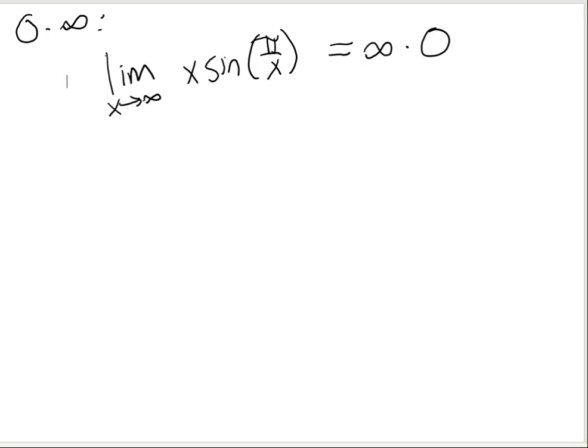Okay. So we need to think how, I can't apply L'Hopital's rule yet, but how can I turn this into a form where it will work out? So what I'm going to do is I'm going to take this term and I know that this is going to be the same as 1 over x.